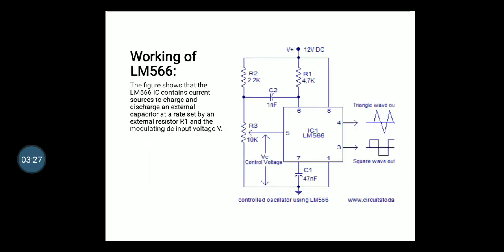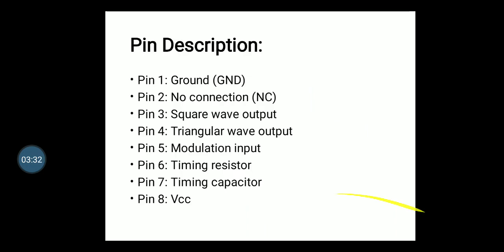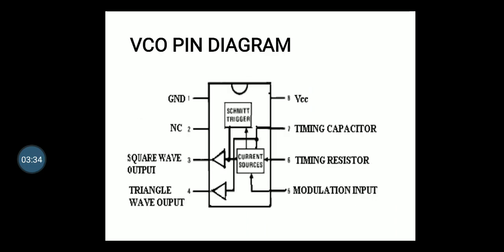Okay, so the pin description. Here the timing capacitor CT is linearly charged or discharged by a constant current source or sink. The amount of current can be controlled by changing the voltage applied at the modulation input, that is pin 5, or by changing the timing resistor RT external to the IC chip.